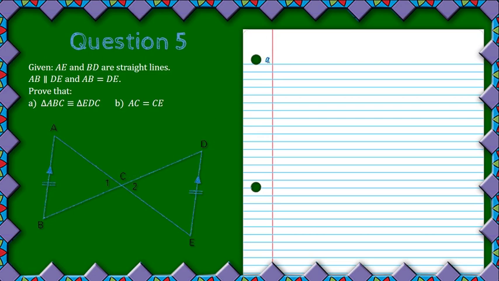Okay, so for A, I'm working in triangle ABC and triangle EDC. So I have three statements, and first of all, I'm given that these sides are equal.